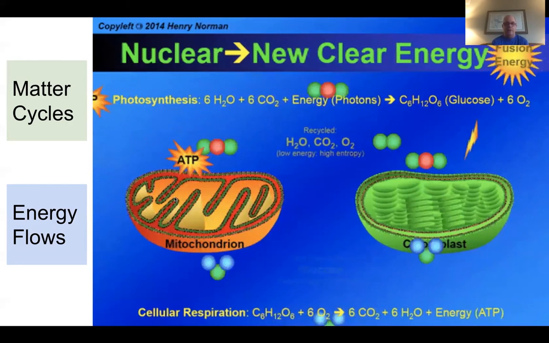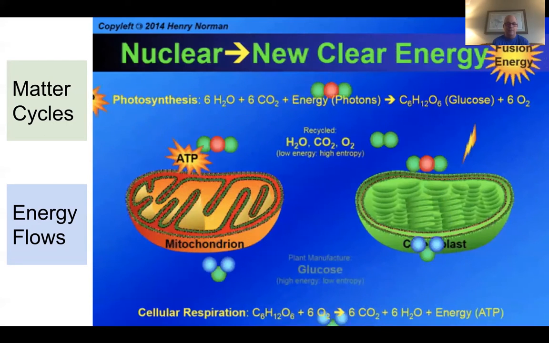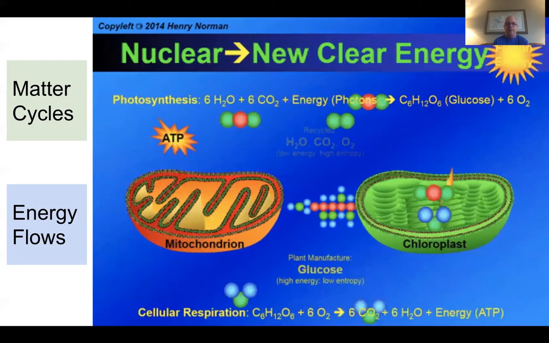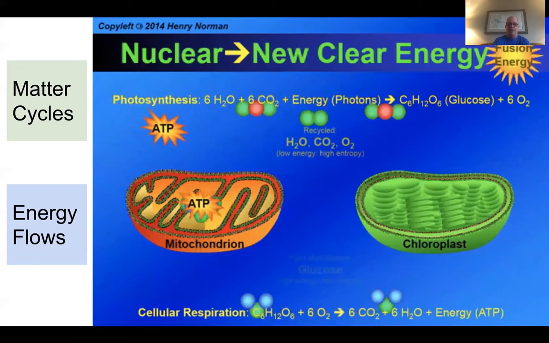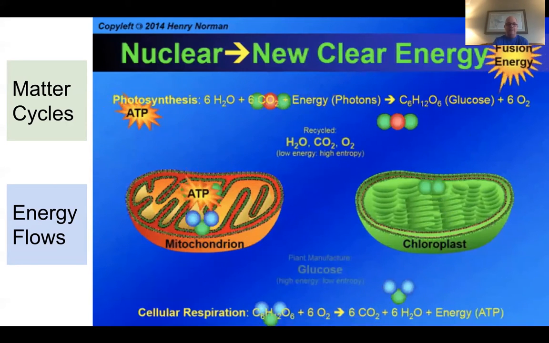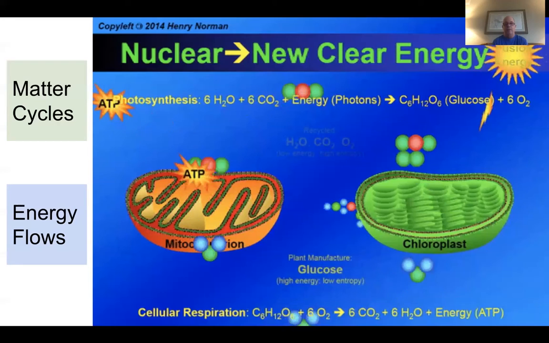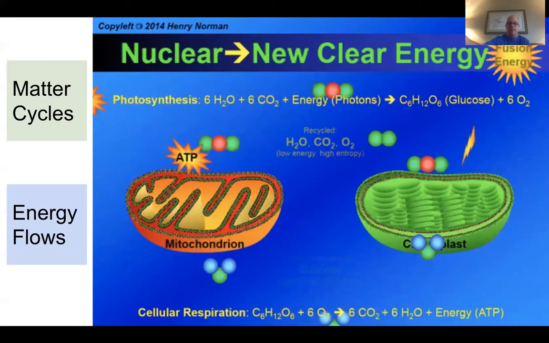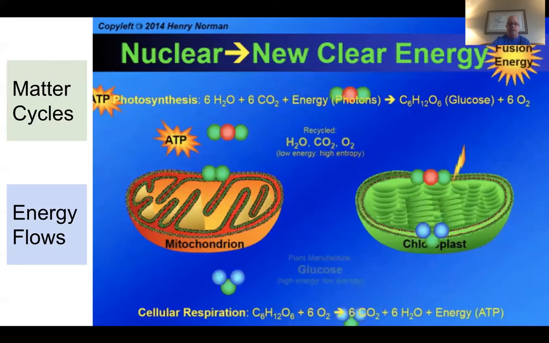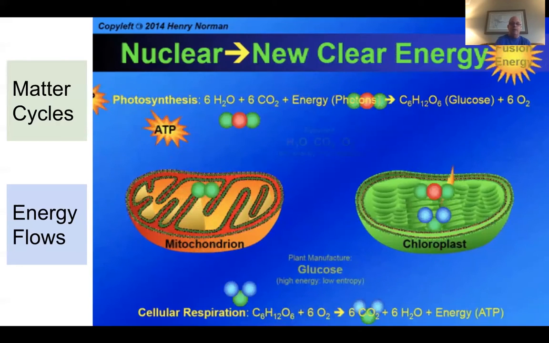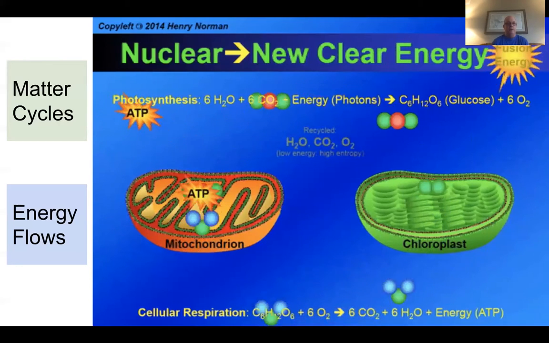You'll also notice that there's some water and carbon dioxide being given off. If you follow the carbon dioxide, it's just doing a loop. It cycles. But if you follow the energy, it starts on the left-hand side or the right-hand side of your screen and never comes back. Energy never returns to the sun.